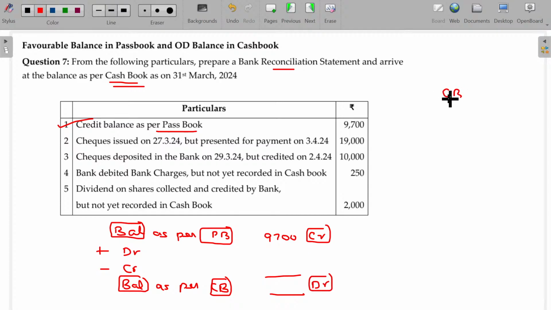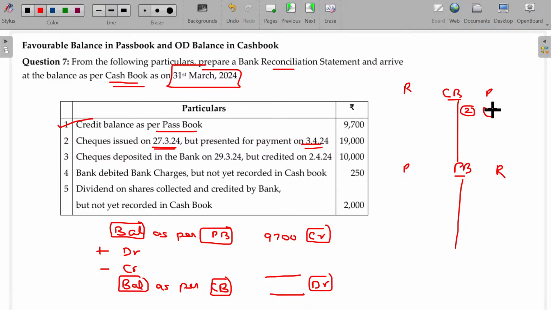Now cash book as well as passbook. Working note. Check issued on this date but presented only on the next date, after the reconciliation date. Receipts and payment. Check issued in the payment side, I post the value 19,000 related to the check.